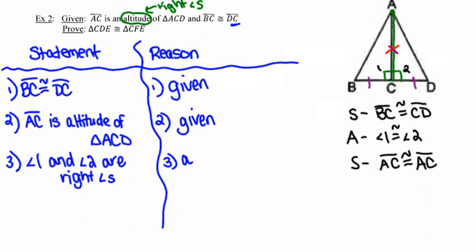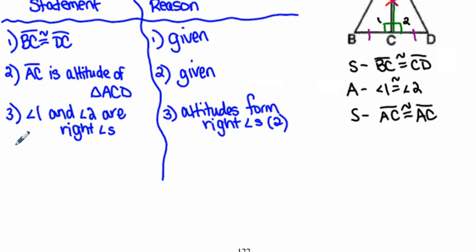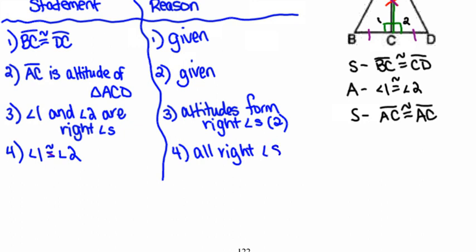I'm just going to say here, altitudes form right angles, and I'm going to cite statement 2 because statement 2 was where I had the altitude. And if those two are both right angles, I know they have to be congruent to one another because all right angles are congruent. Now I'm going to cite statement 3 because statement 3 was where I had the right angles. So the first piece is done, the second piece is done.